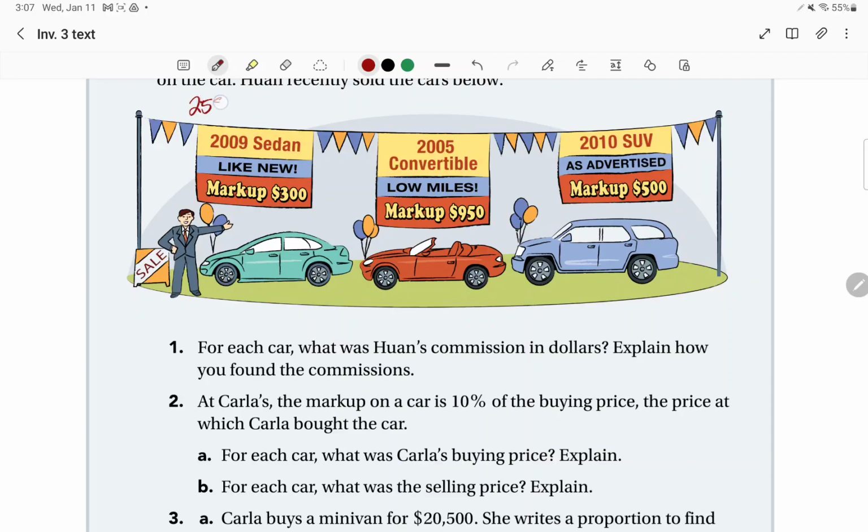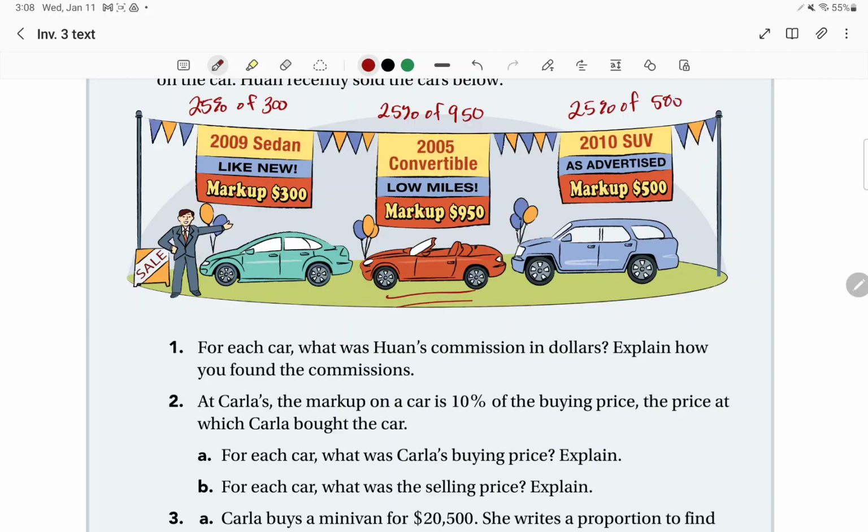So it would be 25% of 300. And then on the second one, if the markup is 950, notice how that's a nicer car, right? The markup is 950. He's making 25% of 950. And on the last one, he would be making 25% of 500.